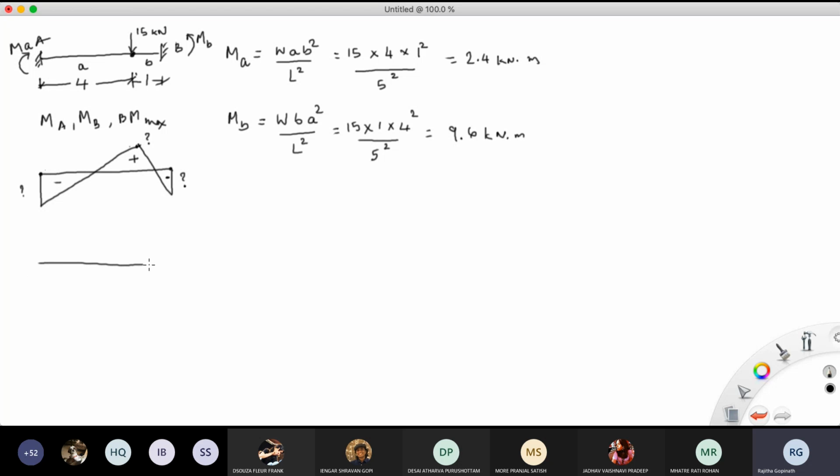If it were a simple beam with a roller support, और यहाँ पे होता अगर, this is A distance and this is B distance and this is W. Okay, if I have to draw the maximum bending moment, I will draw this sort of like a triangle. Okay, I'll draw like this. Okay, this is the positive one.